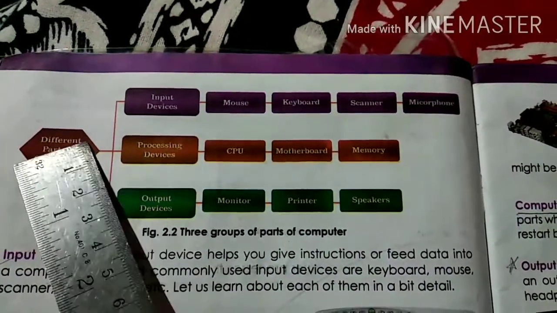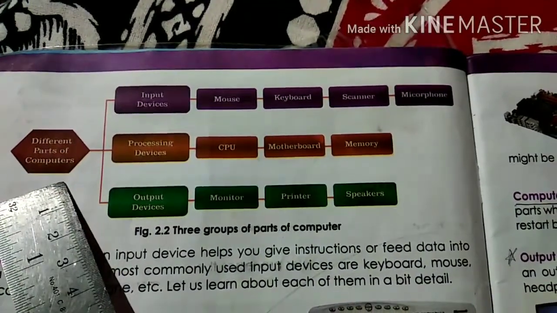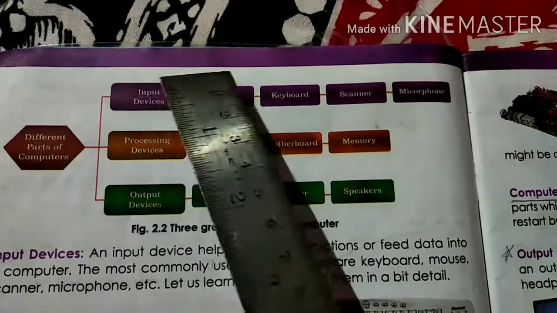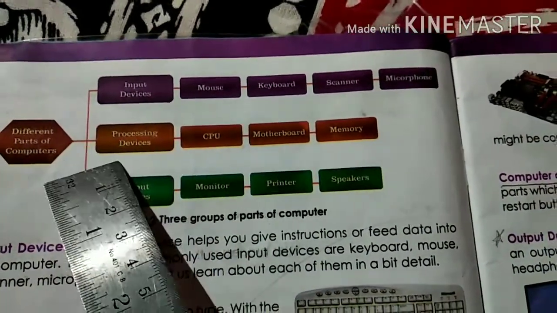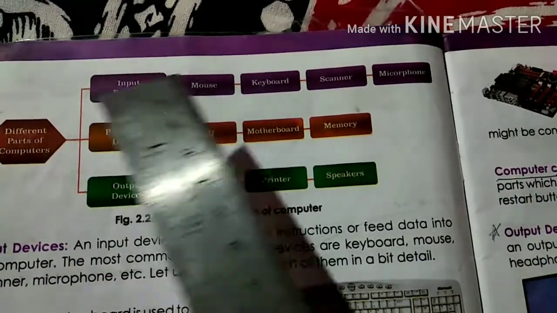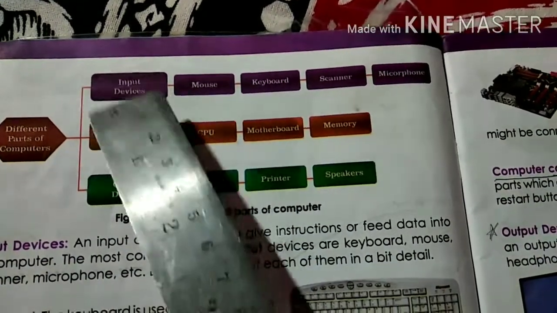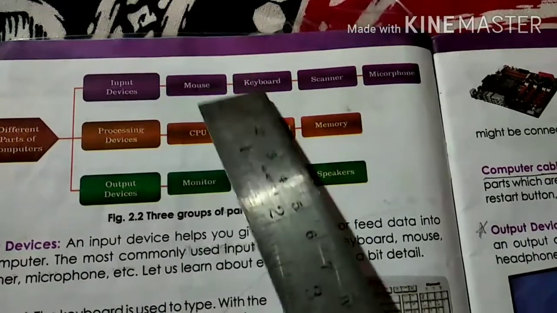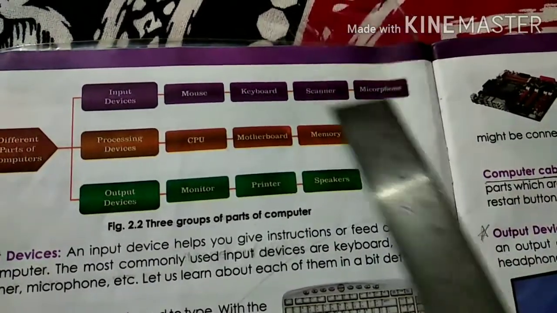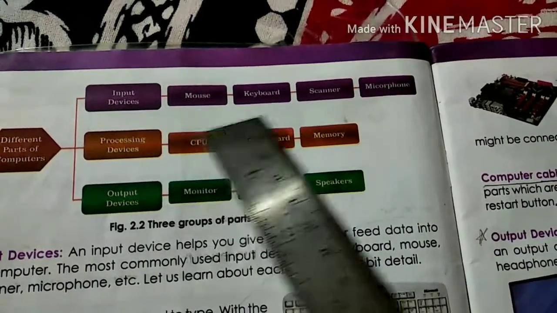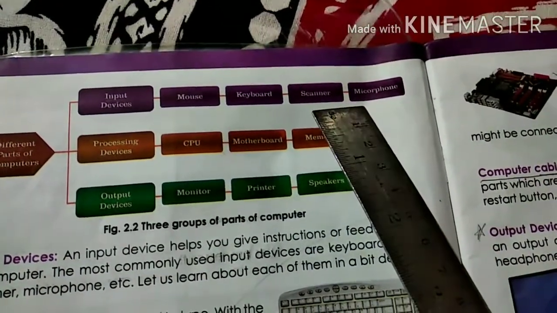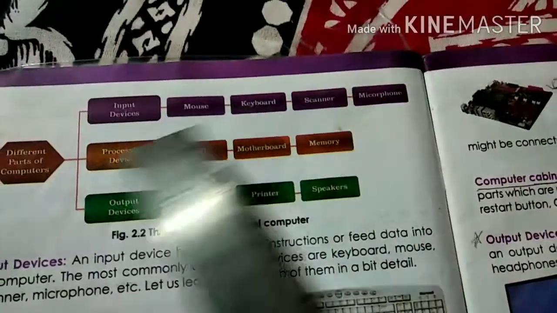Right here they have written different parts of computers and the three categories of computer parts: input device, processing device and output device. So which are the input devices? Input devices: mouse, keyboard, scanner and microphone. With the help of these devices we can give instructions and information to the computer.